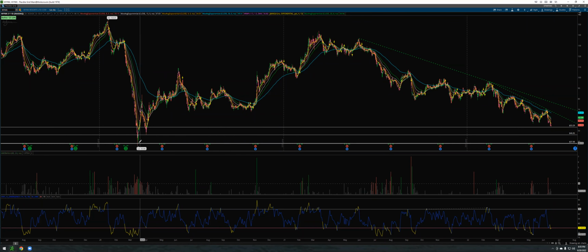I would say pivot. Here's the pivot. Here's the pivot. Okay, so now we have levels to the downside, right? Here it is.